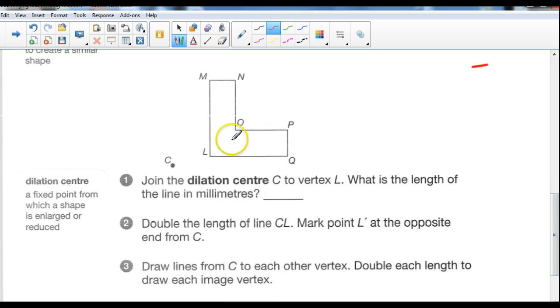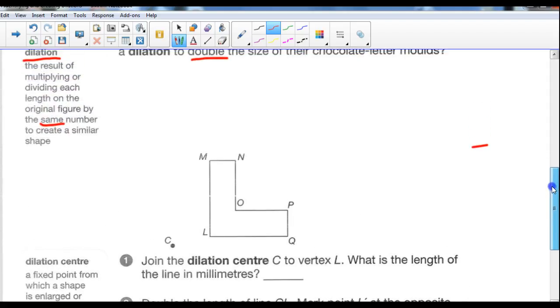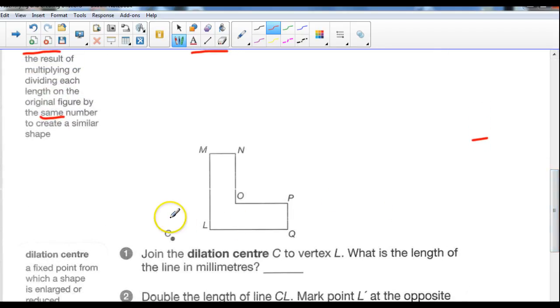It says join the dilation center C to vertex L. I'm going to have to give myself a little bit of room here. You're going to take your ruler and connect that point to that point, because we're going to make the dilation around point C. Then we're going to measure this. What is the length of the line in millimeters? Well, the length of the line is 15 millimeters from here to here.